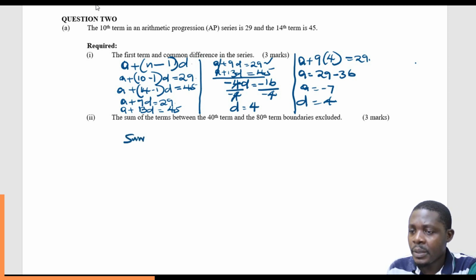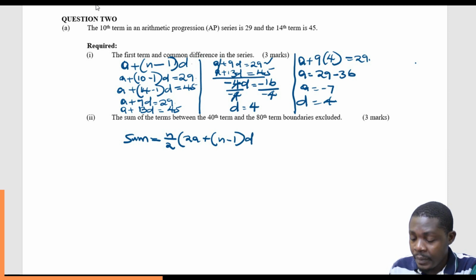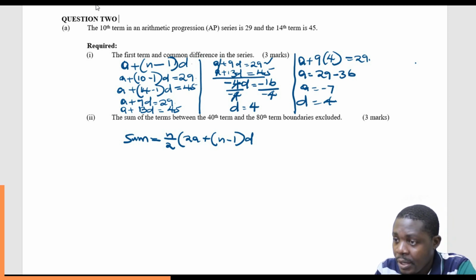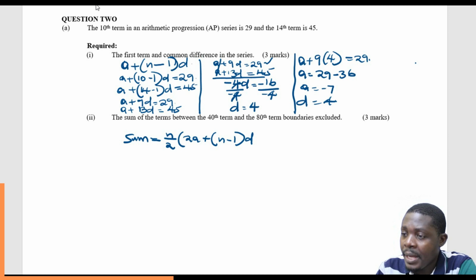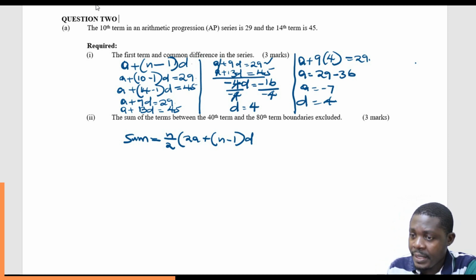The sum is given as n over 2 into 2a plus n minus 1 times d. Now, in this case, you are going to determine the sum of the terms between the 40th term and the 80th term. We will determine the sum of 40 terms and subtract it from the sum of 80 terms, so that we get the ones in between those two.